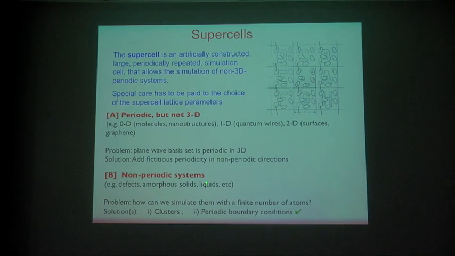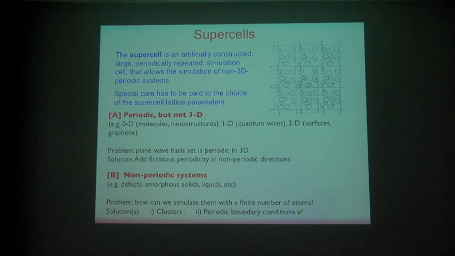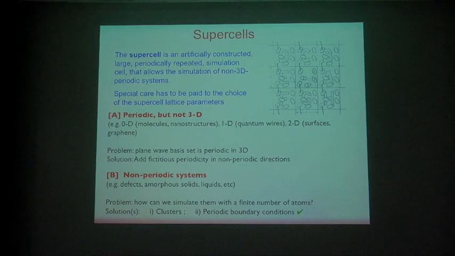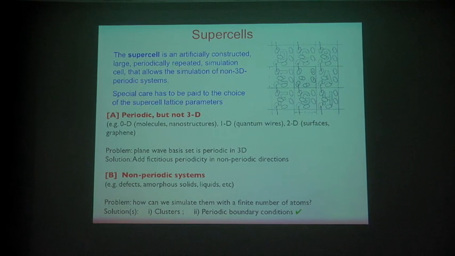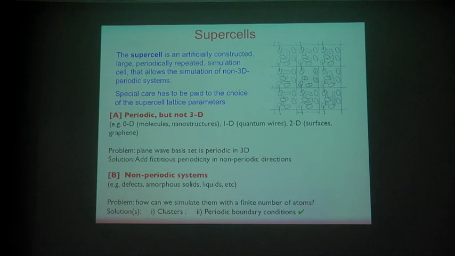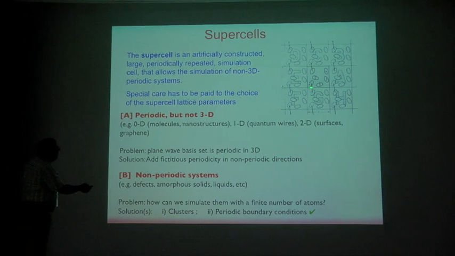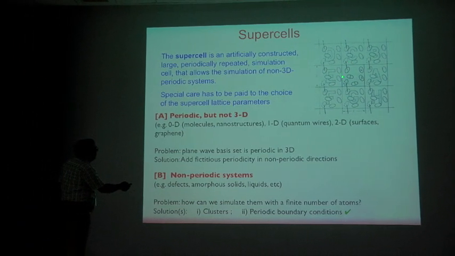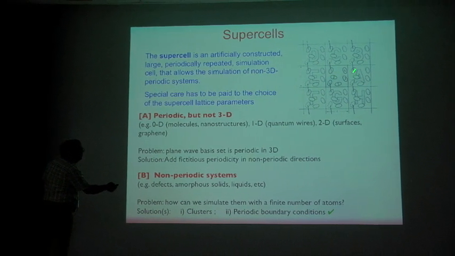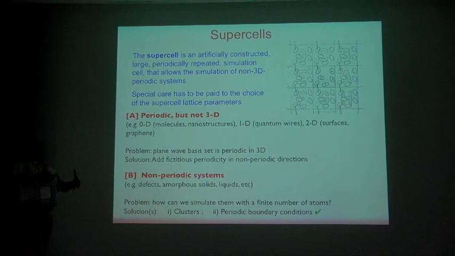Now, how is it possible for us to do DFT calculation on amorphous solids? Many times, some of the people who are experimentalists, as you know, DFT becomes a tool. So they come to me and ask, sir, this is amorphous. How do I model it? For that, it is a must that you do it in a supercell. Even if it is an amorphous solid or a defect, what you do is try to cook the atoms inside one particular cell and repeat that as A, B, C, D, E, F, G, H, depending on the particular problem.